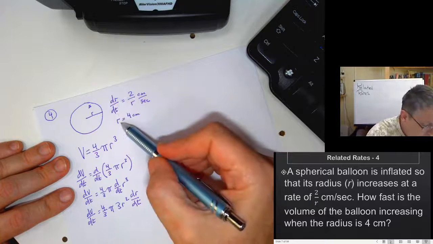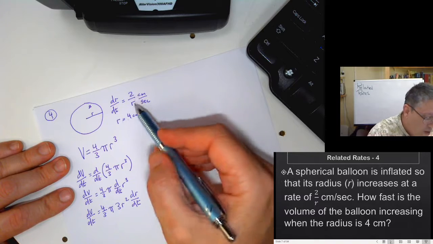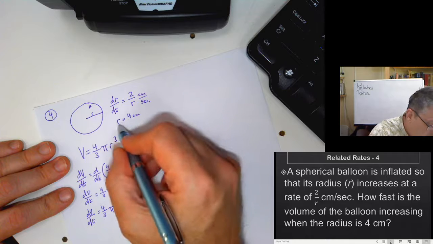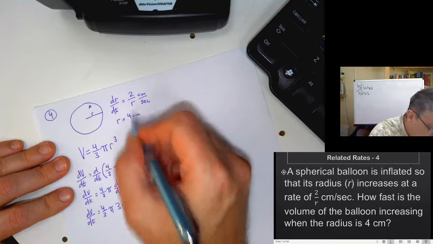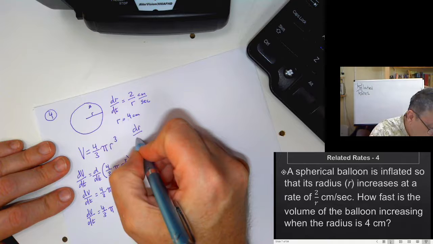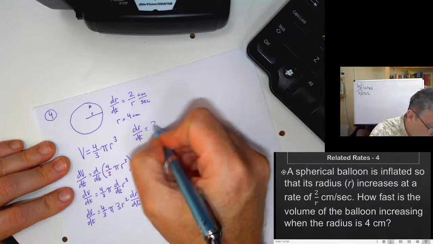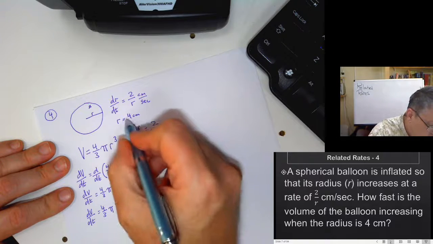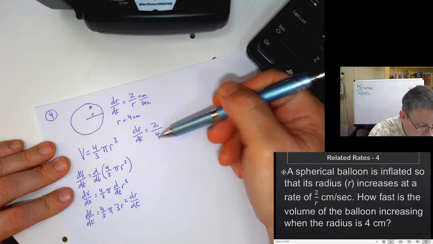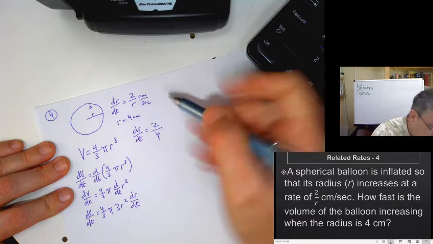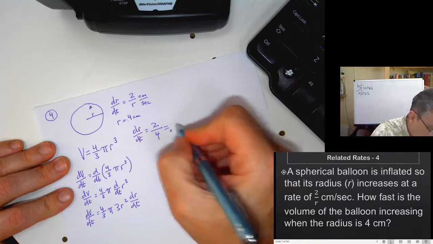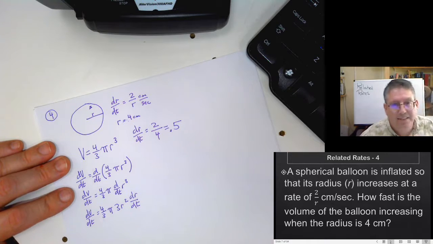So it's r equals 4. So for our purposes, at this particular point in time, dr/dt equals 2/4, because that's the 4 right there. That's the r, the 4. Okay, so dr/dt equals 0.5. That's not too bad, is it?